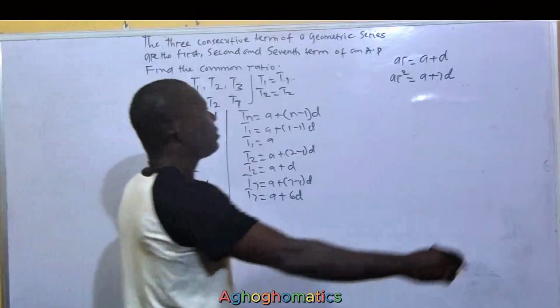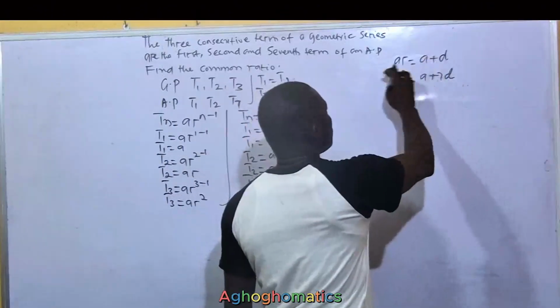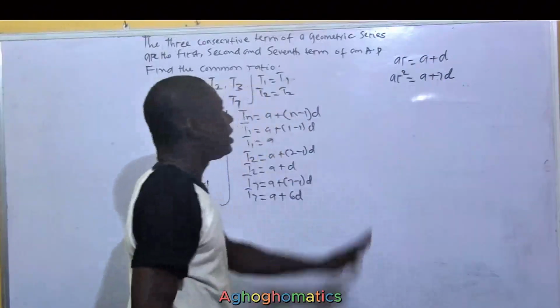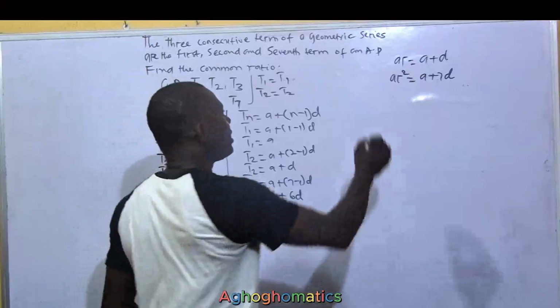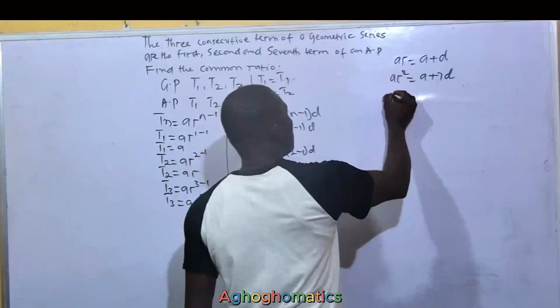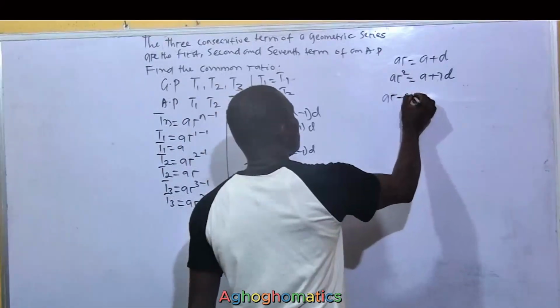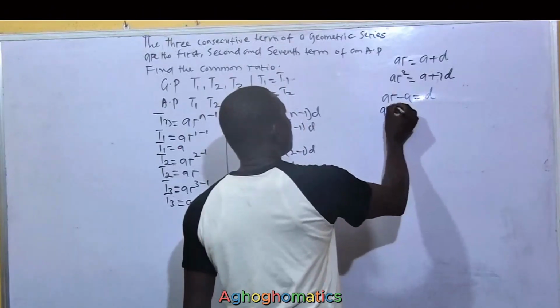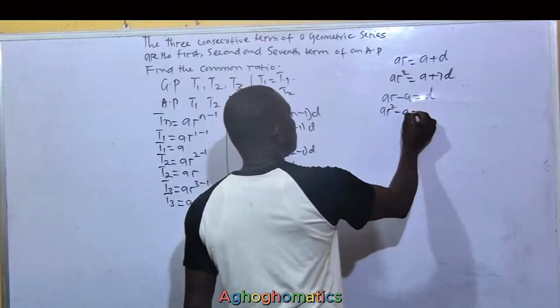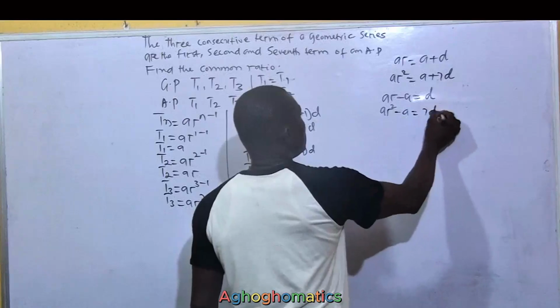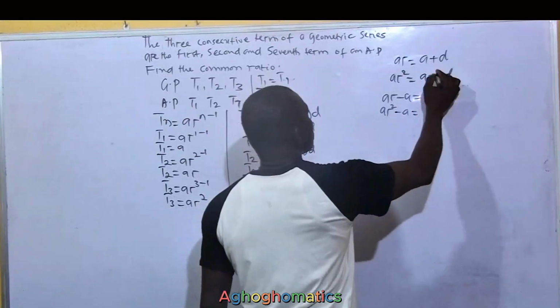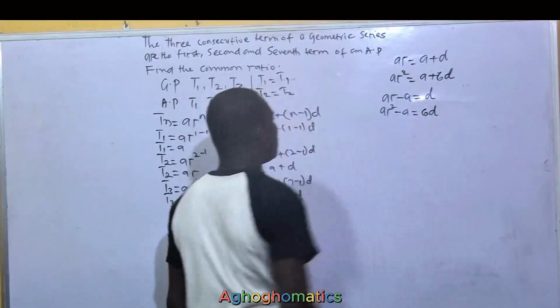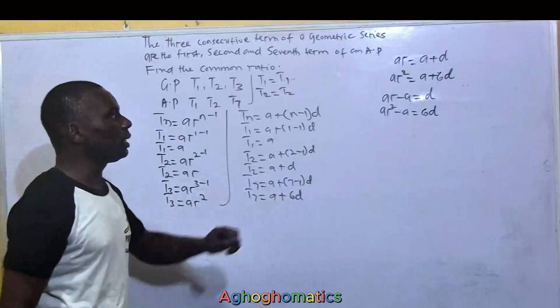So here, let's move the a to the left hand side. For the first one, this becomes a r minus a is equal to d. Here we have a r squared minus a is equal to 7d, of course 6d, sorry, equals 6d from our expression here.